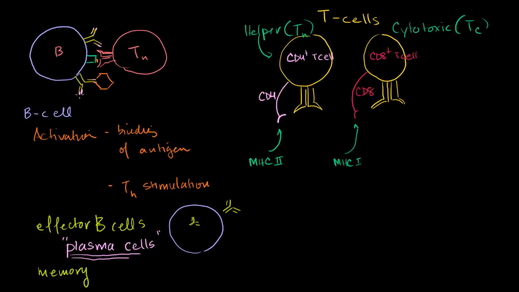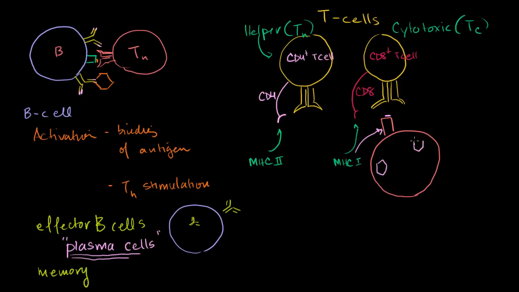But just to remember what they do, this guy, we just said, wants to bond to the MHC complex. So you have an MHC complex presenting some antigen. This is MHC1 right here. We learned in the last video, every nucleated cell in the body expresses an MHC1 complex. So this is the case where something wacky is happening inside this cell.